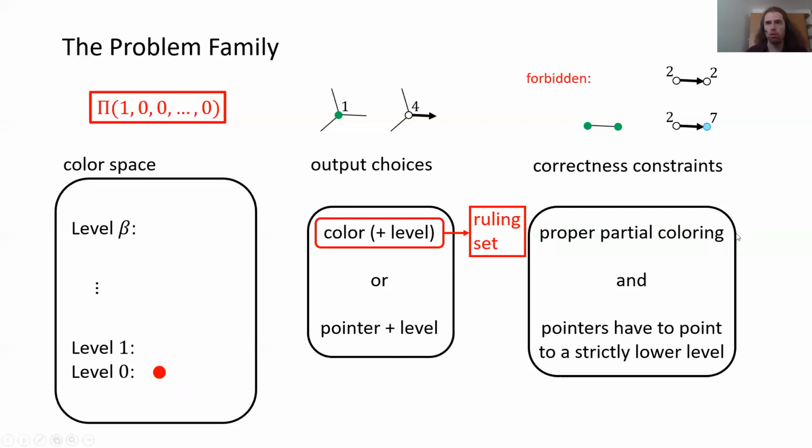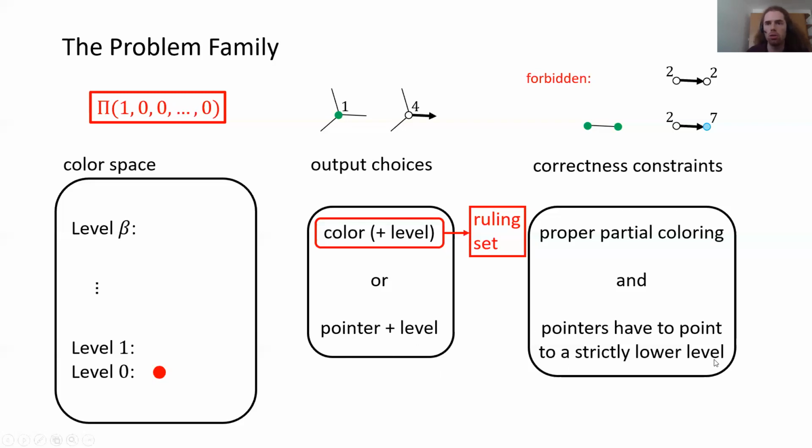Now, the proper partial coloring constraint in this problem will make sure that no two adjacent nodes will output a color because we only have one color. And that will mean that no two neighbors go into the ruling set, which makes sure that our first constraint in the ruling set definition is satisfied. And well, to satisfy the second constraint, we can observe that if I'm a node that points to a neighbor, then to find a close ruling set node, what I can do is I just follow the chains of pointers starting at me.